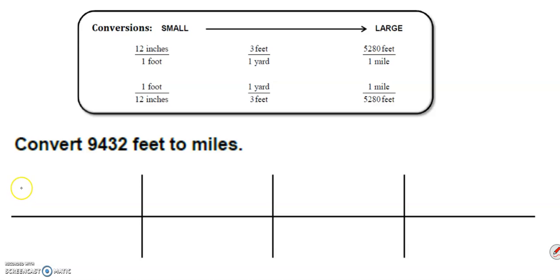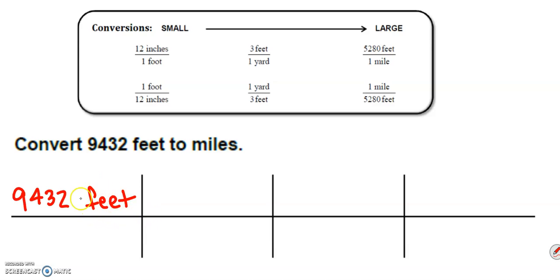So the very first step is you want to write down what you're given. So I'm given 9,432 feet, and I want to somehow get to miles. So what I'm going to do is look at what I'm given here, and I know that eventually I'm going to have to get to miles. So I'm going to cancel feet out.